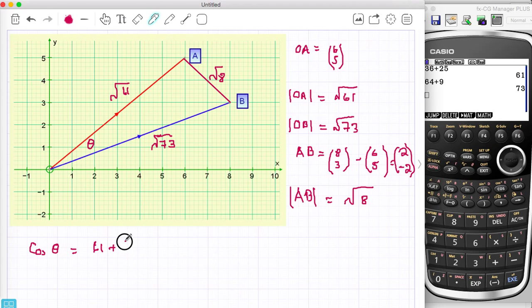Square this one to get 73. I take away this one squared, the opposite squared, so I take away 8, and I divide it all by 2bc, or 2 times each length either side of it. So that's going to be 2 times root 61 root 73.